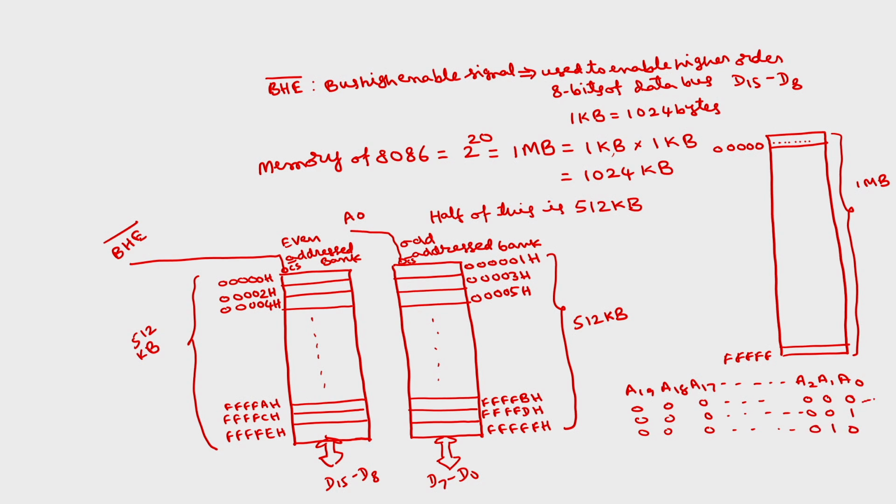So, for even addresses A0 is 0, and for odd addresses A0 is 1. So, when will this be selected? A0 is equal to 0 for an even address. So, for A0 equal to 0, this will be selected. So, this should be the even address line, and this should be the odd address line.